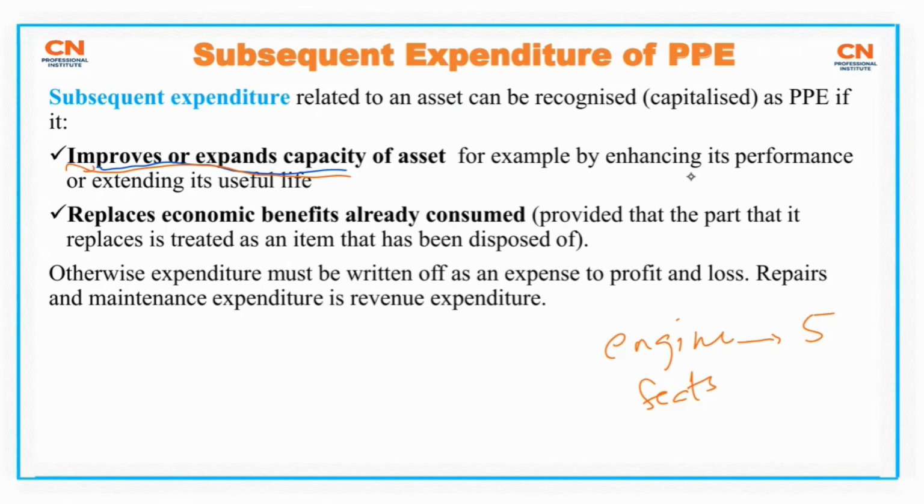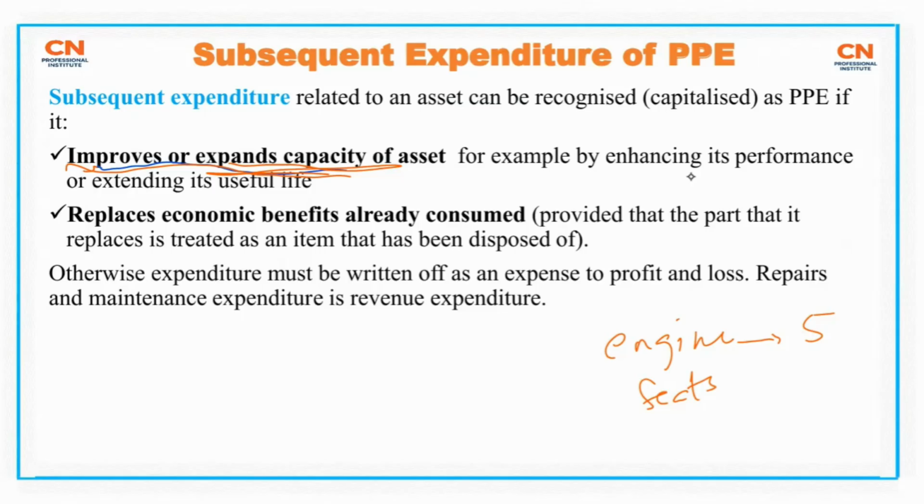Because you are improving or expanding the capacity. You are adding the pavement, so you are expanding the capacity of the asset. So in that case, we'll capitalize that expenditure. Maybe adding another block or adding another room or expanding the front, all those costs should be capitalized because you are improving or expanding the capacity of the asset.